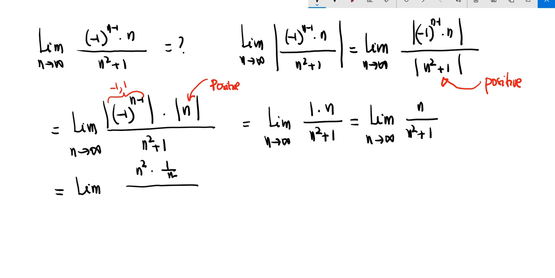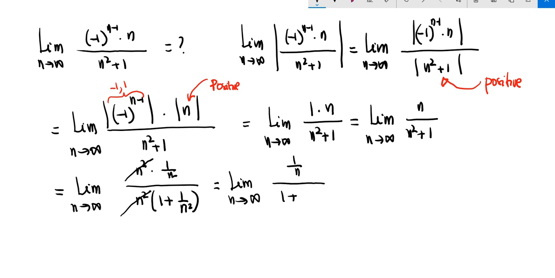And then we factor n squared out of the denominator, so we get 1 plus 1 over n squared. And we compute the limit of this by crossing out the common terms, and we get 1 over n over 1 plus 1 over n squared. And as you know, the top will go to 0 and the denominator will go to 1 plus 0 as n is getting bigger and bigger, so we get 0.